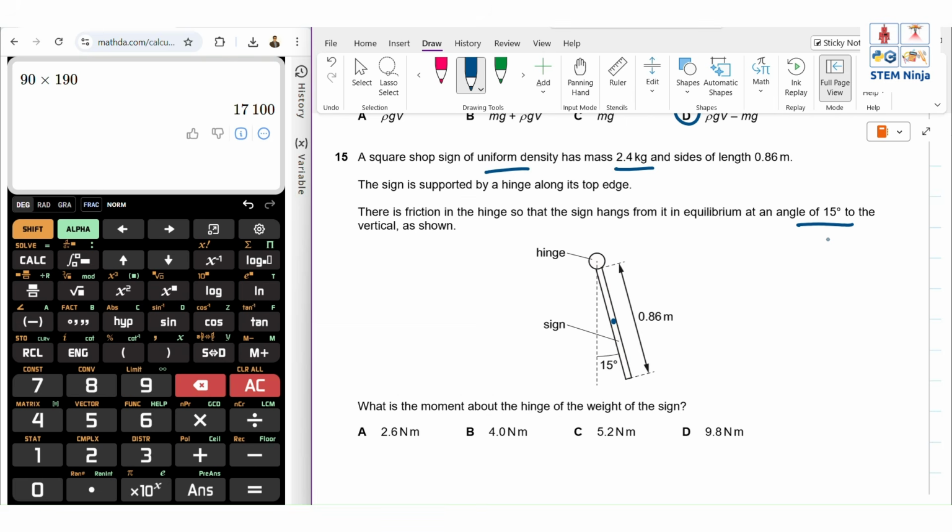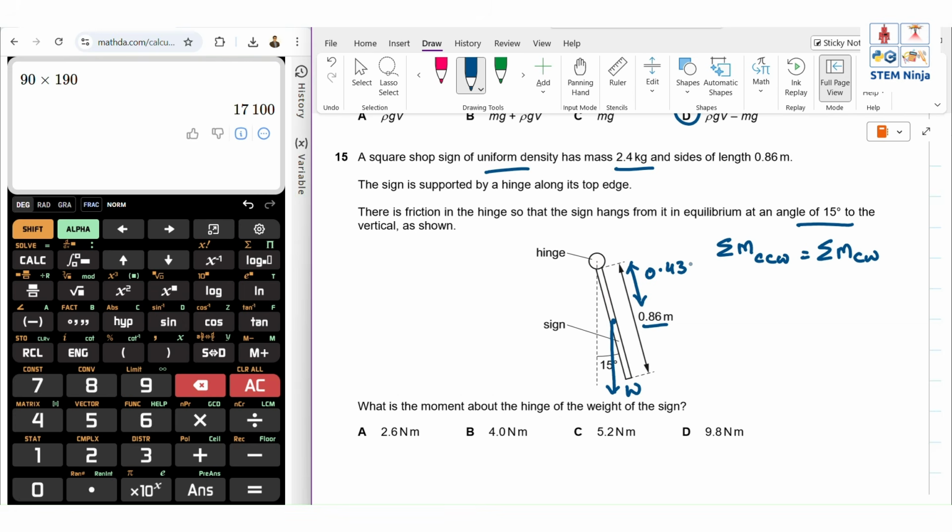What is the moment about the hinge of the weight of the sign? So since this is in equilibrium, the sum of moments counterclockwise will be equal to the sum of moments clockwise. Weight is acting downwards at this point over here, halfway between. So this would be 0.86 divided by 2. Sorry, 0.43.